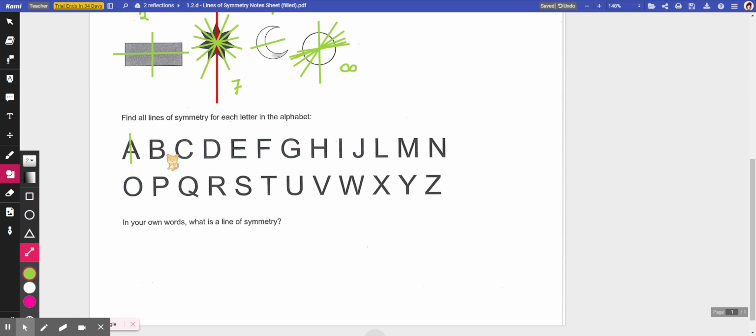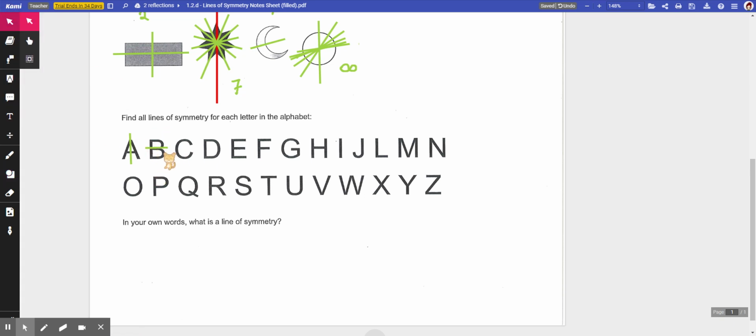The letter B, it depends on what font you use, but I'm going to call this a line of symmetry, even though depending on the font, the top of it might be too small, so it doesn't really line up. I also didn't put it in quite the right place. I'm going to put this one here because I know a lot of you guys do, but there's definitely a fair argument for there being no lines of symmetry for the letter B, depending on your font.